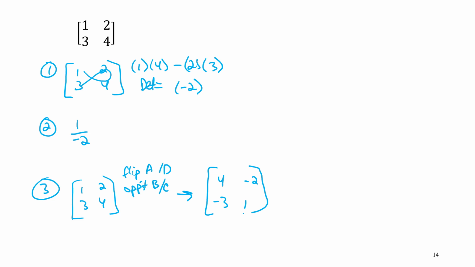And then we're finally just going to multiply this determinant into this inverse matrix. So we get 1, negative 1/2, and our new matrix, 4, negative 3, negative 2, and 1.